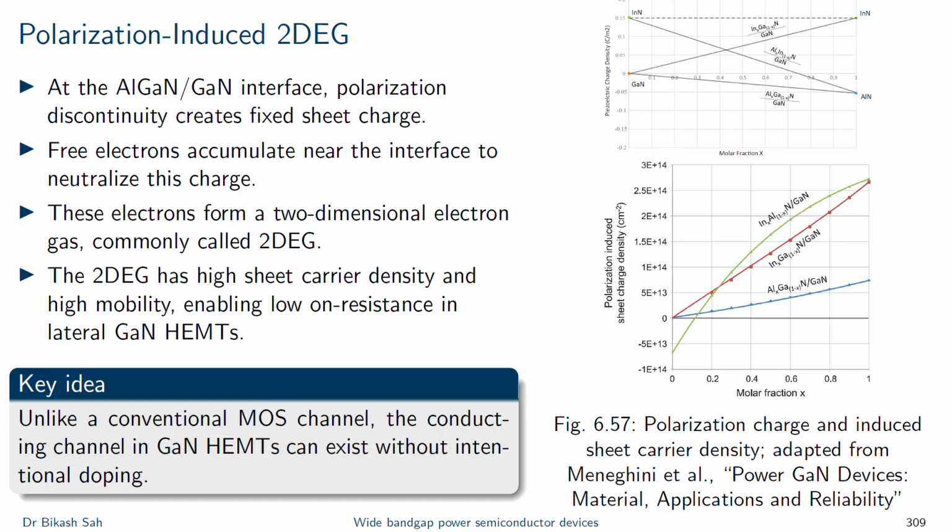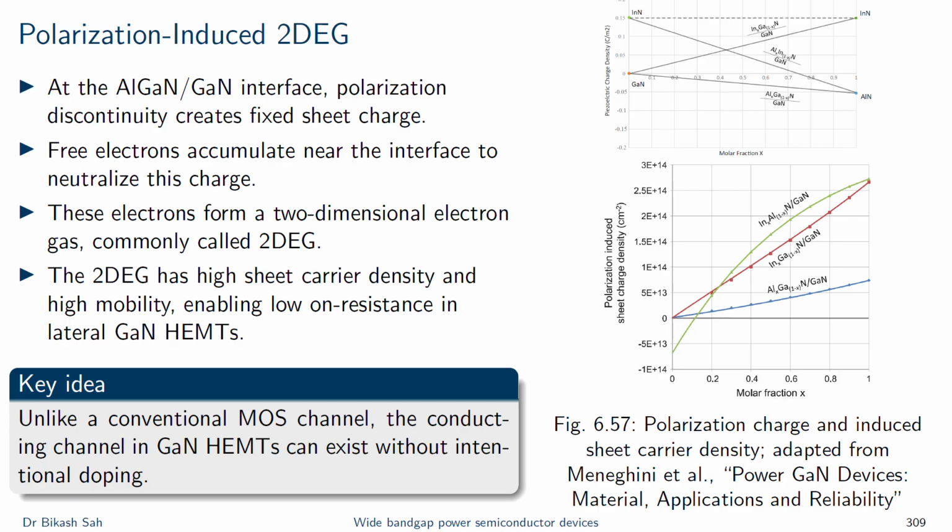So let's go on with the polarization-induced 2DEG, which actually forms the current channel within the GaN devices. This is one of the most important slides in the GaN part, so you must understand it. At the AlGaN and GaN interface, the polarization discontinuity creates a fixed charge state. Nature must maintain charge neutrality, so free electrons accumulate near the interface.